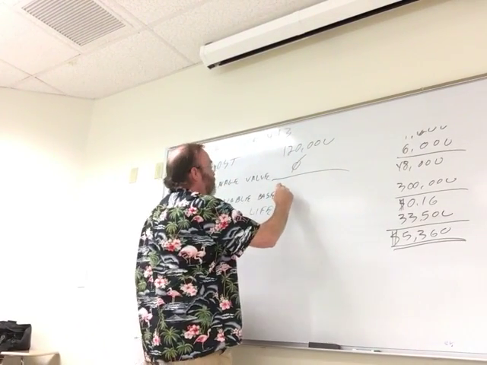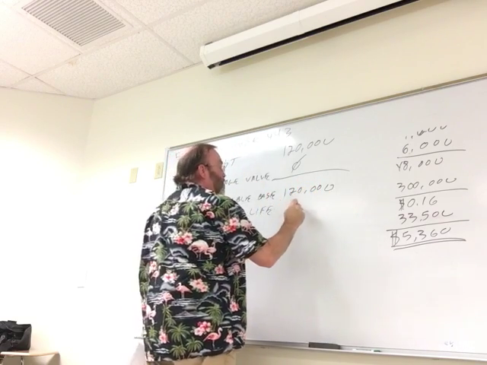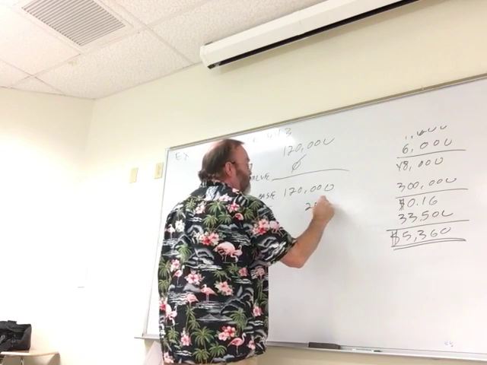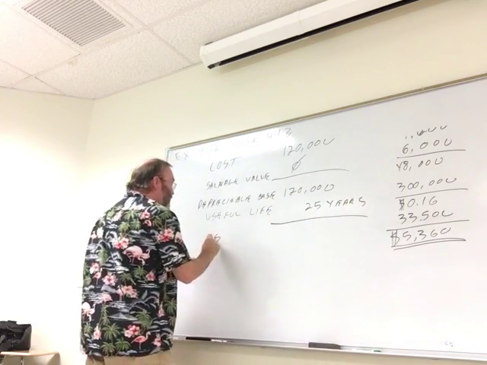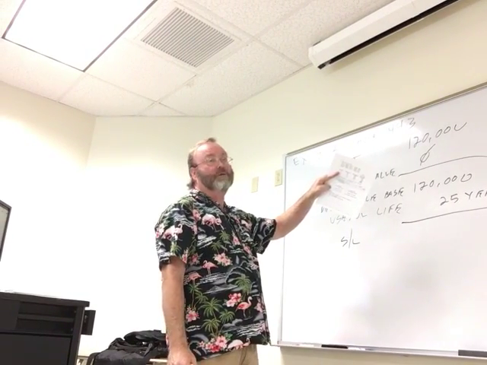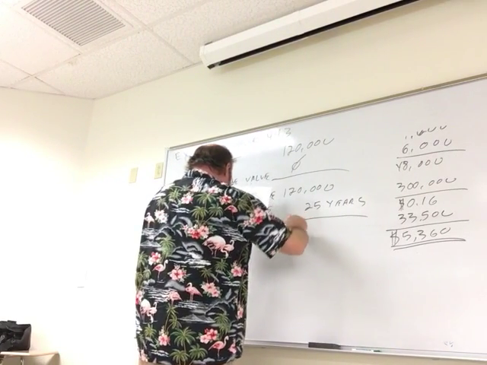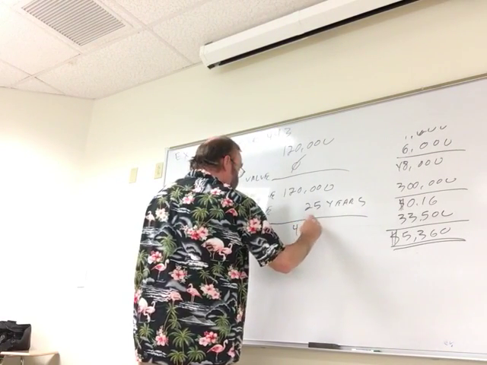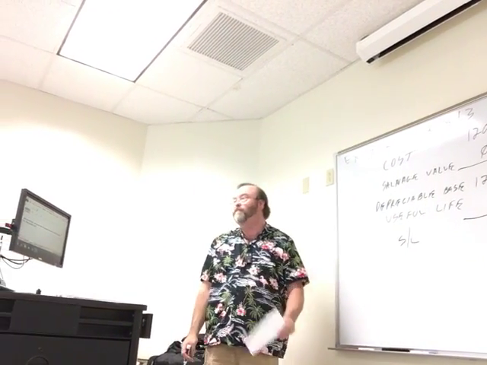So the depreciable base on this one is $120,000. The useful life is 25 years. So for straight line, you divide the $120,000 depreciable base by the 25 years, and you get $4,800, and that's year in and year out.